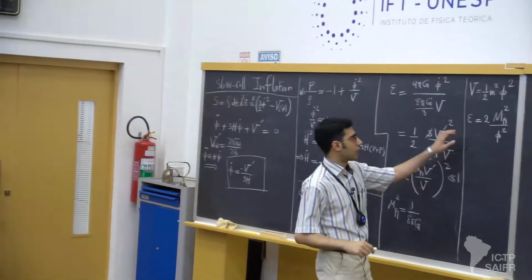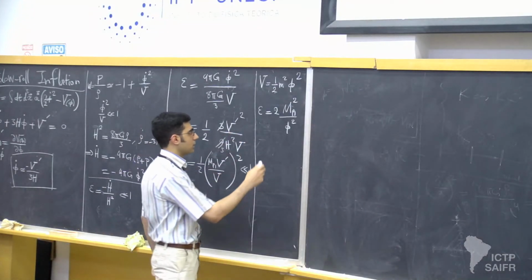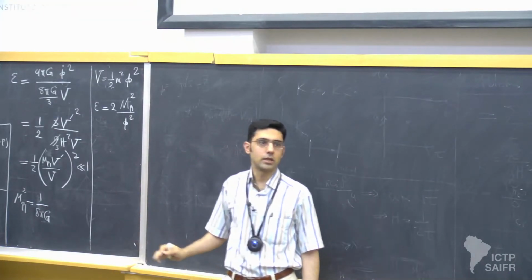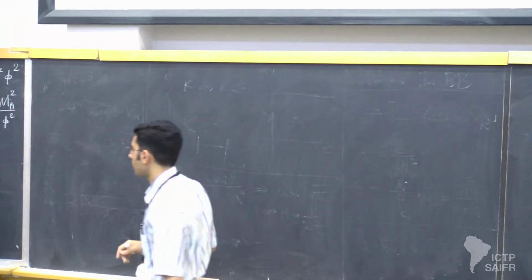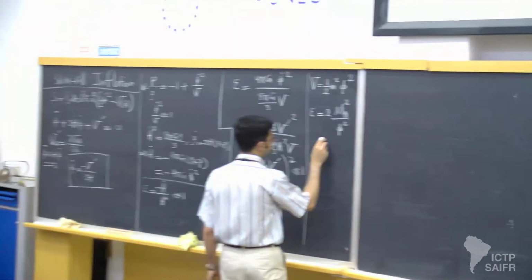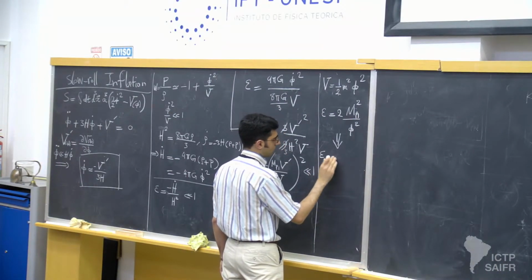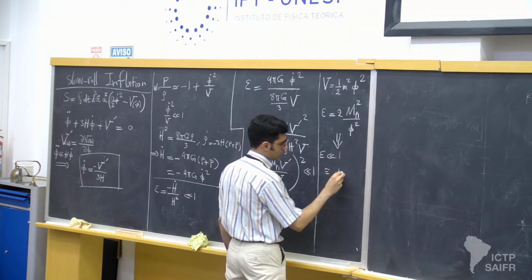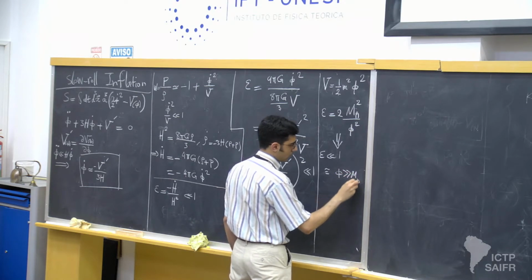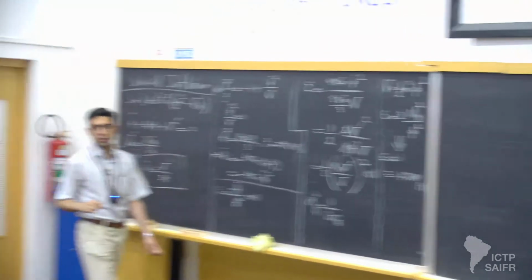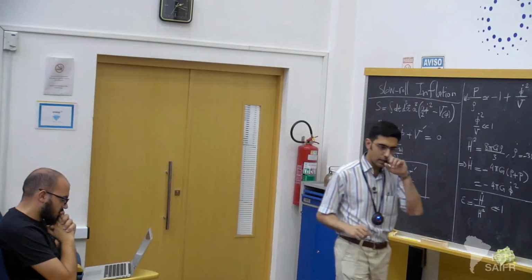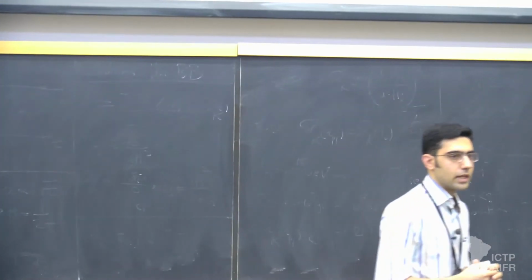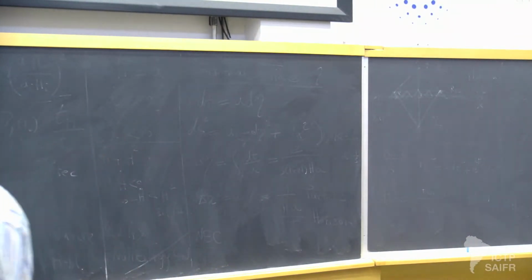So if I want epsilon to be much smaller than 1, I can achieve it by having phi much bigger than M Planck. How much bigger than M Planck, we will discuss soon. It's determined by the number of e-folds of inflation that we want to get in this model.